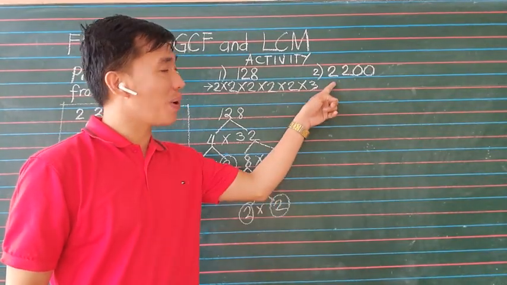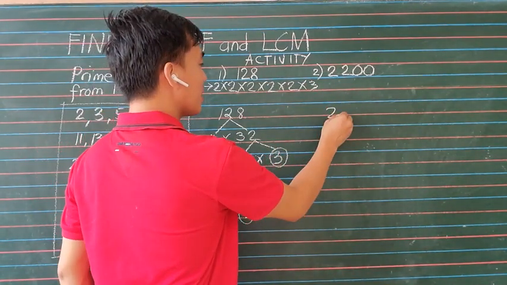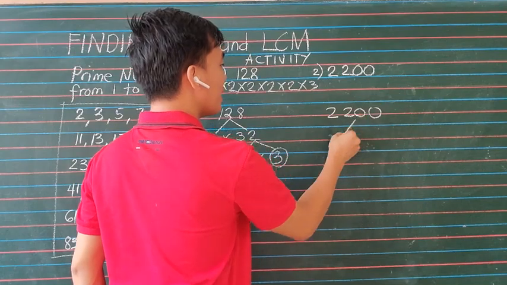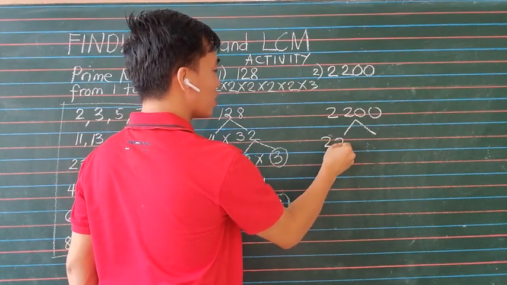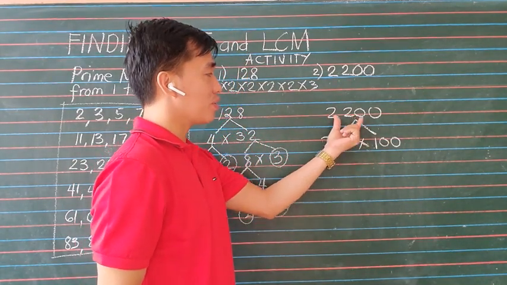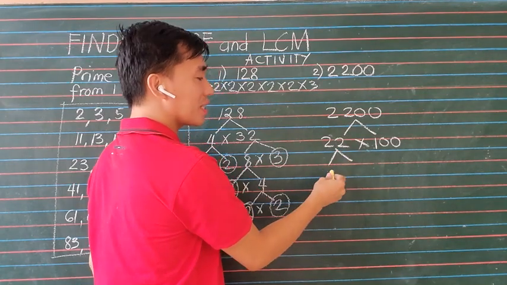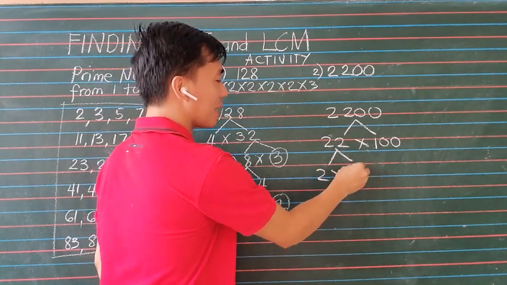Let's try to get the prime factorization of 2200. 2200 could be divided into 22 times 100. Now, 22 is not yet a prime, so we could still factor it out to 2 times 11.